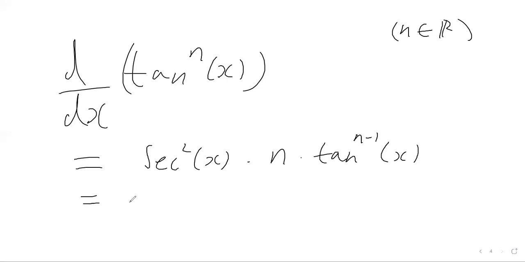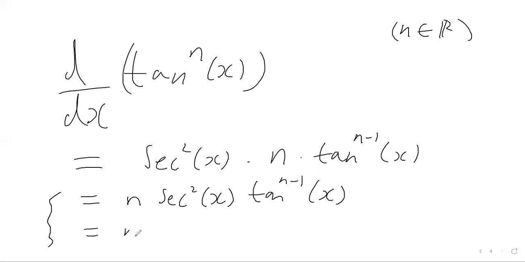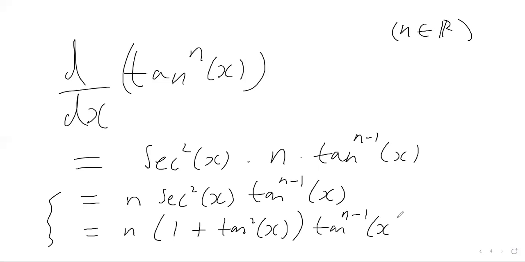And so simplifying this result, we get n times sec squared of x times tan to the n minus 1 of x. And again, we can rewrite this in a different equivalent format. So n times 1 plus tan squared of x times tan to the n minus 1 of x.